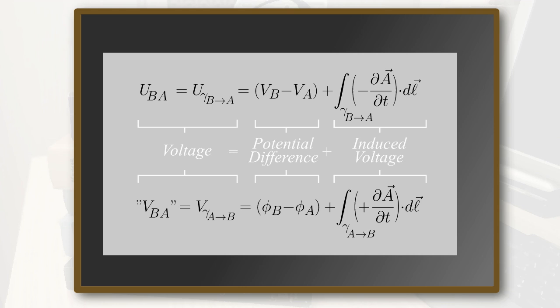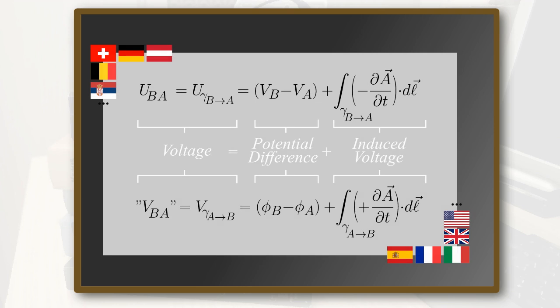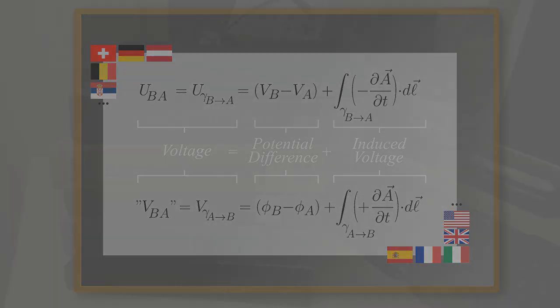Notice how the double inversion in the orientation of the path and the sign in front of the integral neatly results in the same ordering of the potential subscripts in the potential difference. Both conventions arrive at the same numerical results for the corresponding quantities, signs included, and it's actually our convention that requires us to put VBA in quotes, because the order that follows the path direction is the opposite of the order of the difference in the integral values.